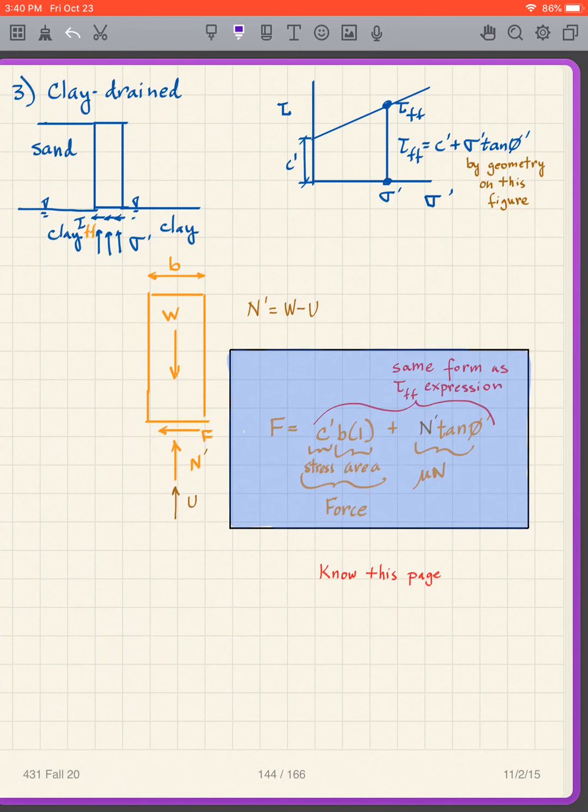But now we have to recognize that our failure envelope now is different. Our failure envelope now has an intercept of C prime. And that means that our tau FF now is going to be, again, we can do this little triangle. This portion right there is going to be, as we had before, sigma prime tangent of phi prime.